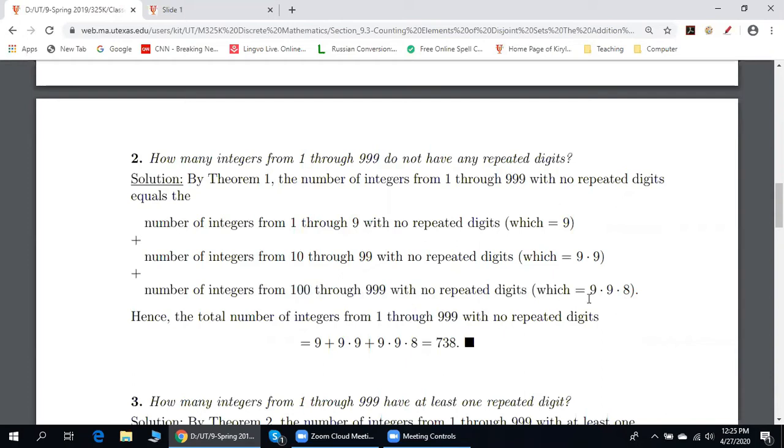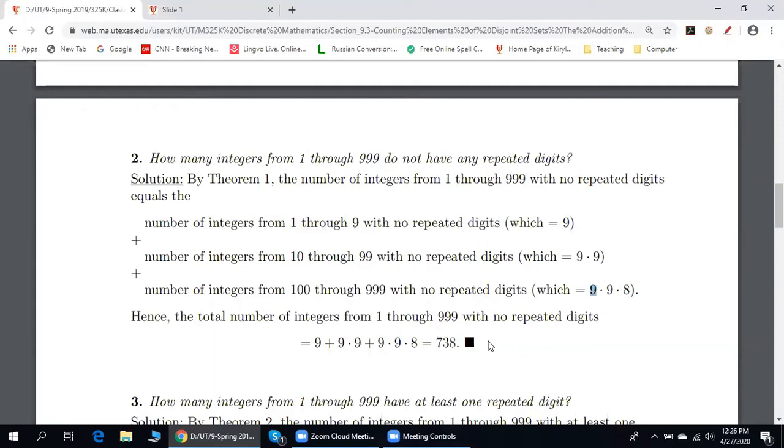In each case, we use the multiplication rule. But folks, who can explain to me why all of a sudden we have 9 times, again 9 times 8? Anybody? Is it because in 100 you have 2 zeros as opposed to 1 in 10 where you only have 1 zero? So can you tell me why we have 9 over here, not 10? You can't start with a 0? Exactly.